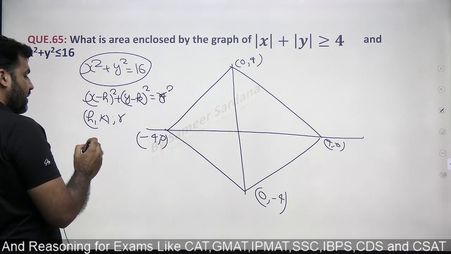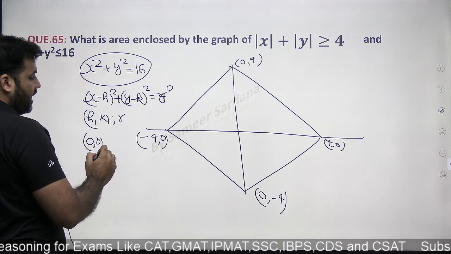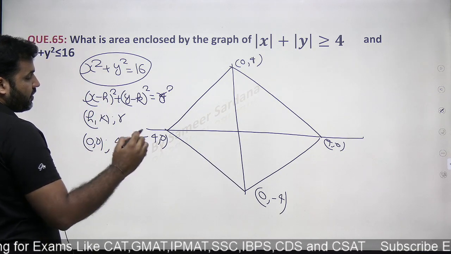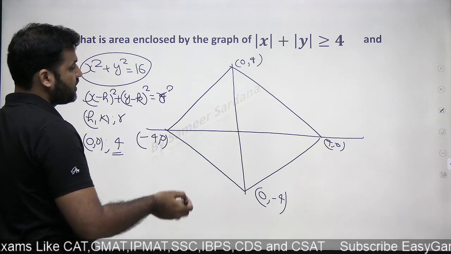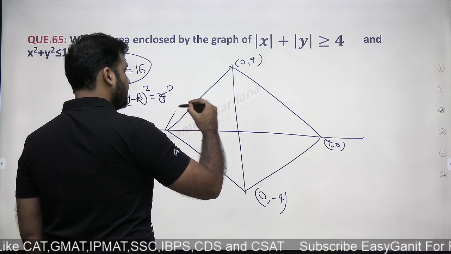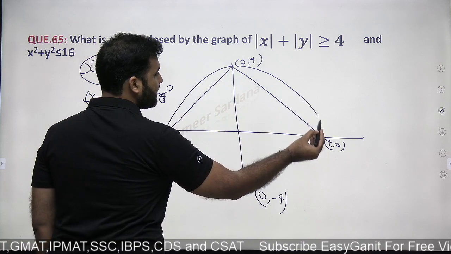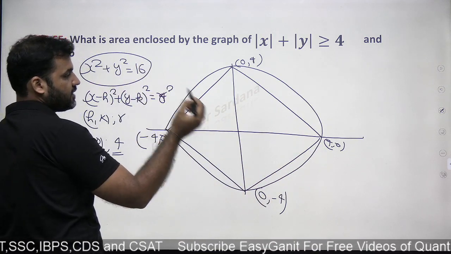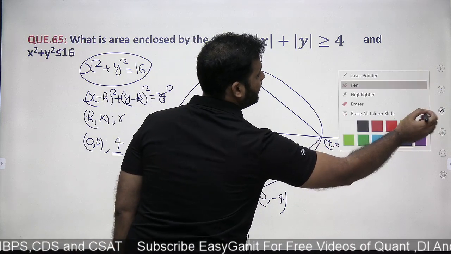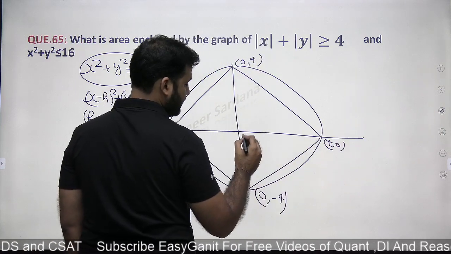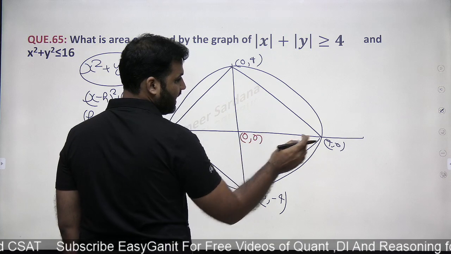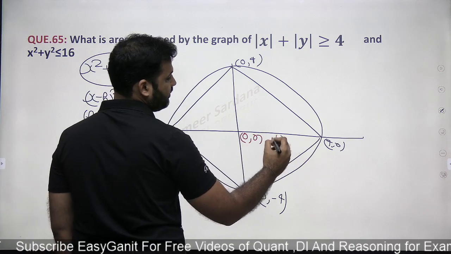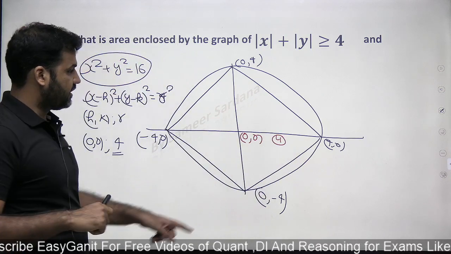Now here my origin is (0, 0) and the radius of the circle is 4. So this is the circle that you will be drawing with origin (0, 0). The radius is 4, right? And this is the equation.